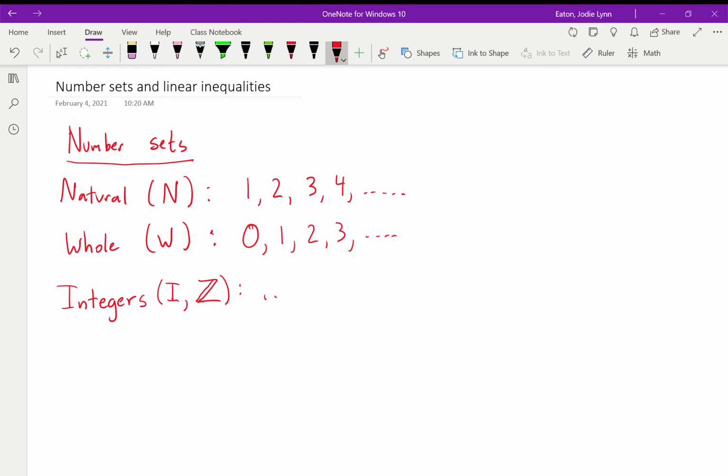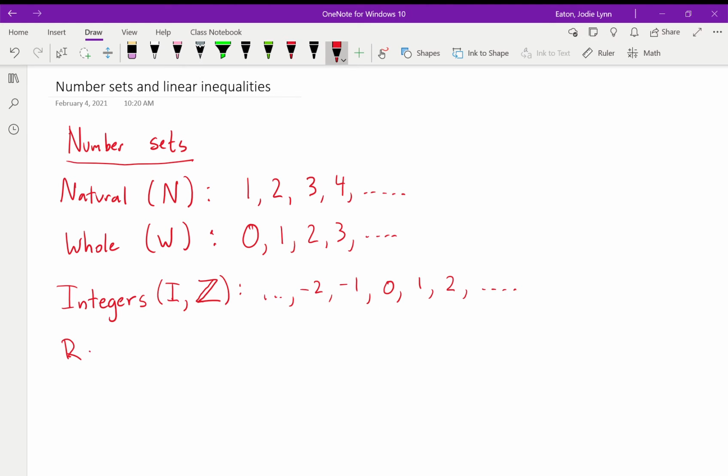So we have -2, -1, and we start at negative infinity, not really a number, but we continue infinitely in both directions. Starting at any point, we go all the way up in our negative numbers till we get to -2, -1, 0, 1, 2, and so on, and then we continue going in the positive direction.